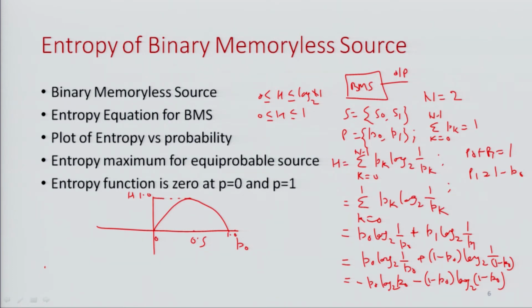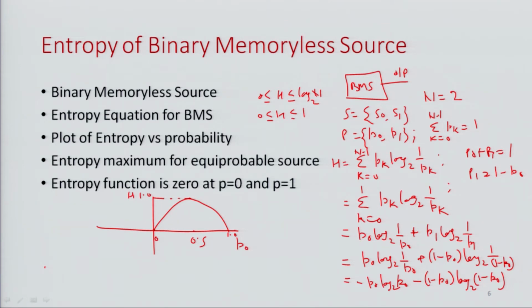And the entropy is 0 when p0 equals 0, and when p0 equals 1, the entropy is also 0. It means that when p0 equals 0, that is, the probability is 0, the uncertainty is 0.